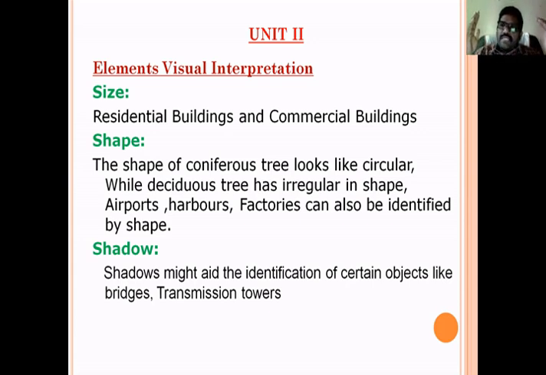So size is one of the parameters when you are interpreting spatial images.